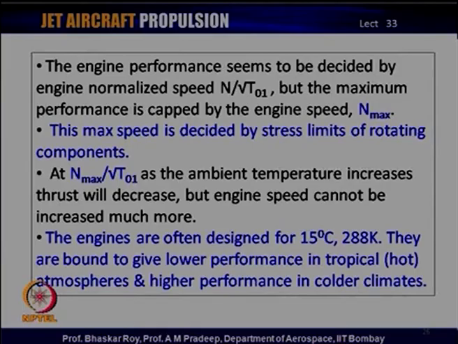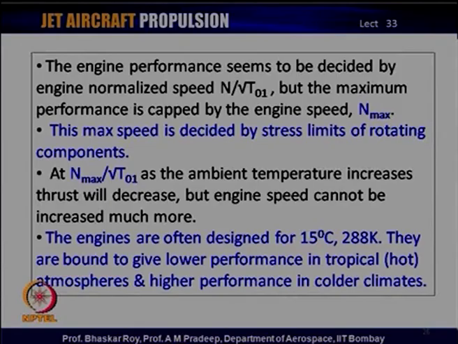In turbine, you have additional issues of high temperature, and issues like creep also come in. So, those things finally decide what the maximum rotational speed of a particular spool should be, a combination of compressor and turbine. And then this n max divided by root over T 01 is the normalized maximum speed parameter.